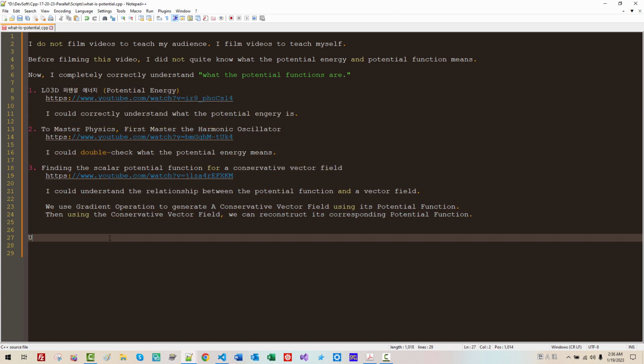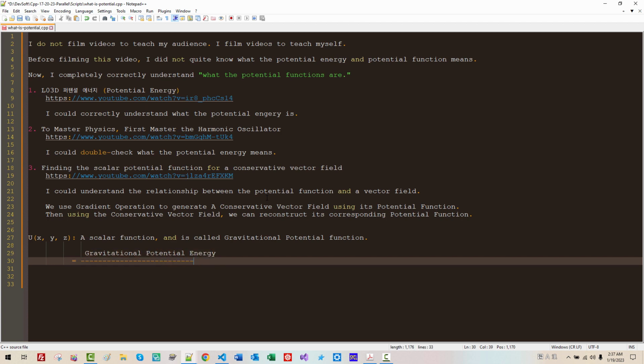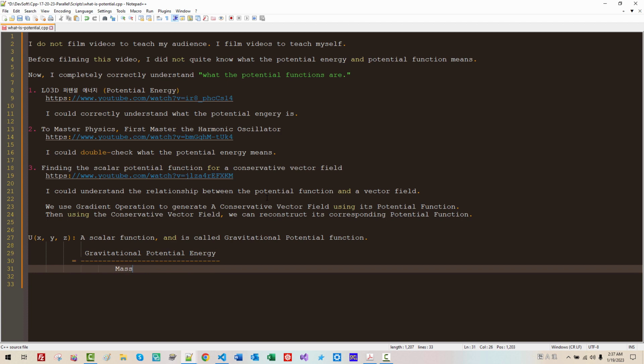We have a function u(x, y, z). It is a scalar function and is called the gravitational potential function. u is gravitational potential energy over the mass of the big object.